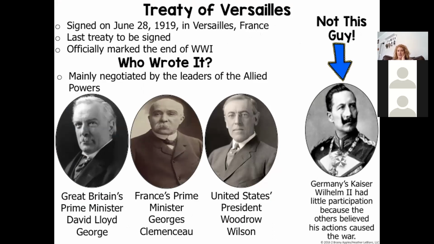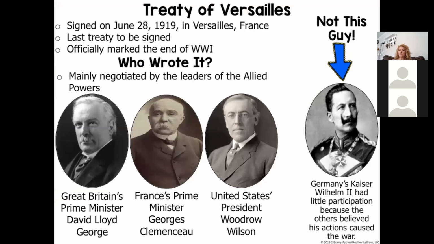It takes quite a bit for everything to be worked out. It is the last treaty to be signed. Remember, they have all these individual treaties that are signed first, and that works out okay because those countries are able to reach individual agreements. Now we have this big, huge agreement that officially will mark the end of the World War.